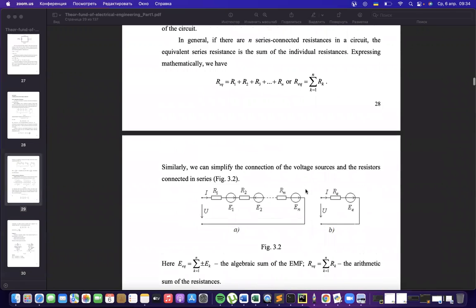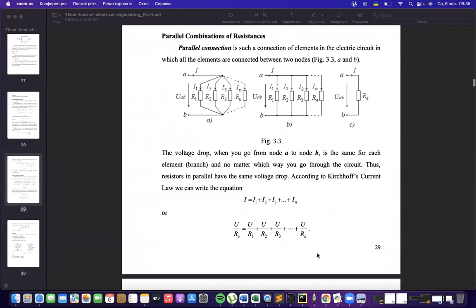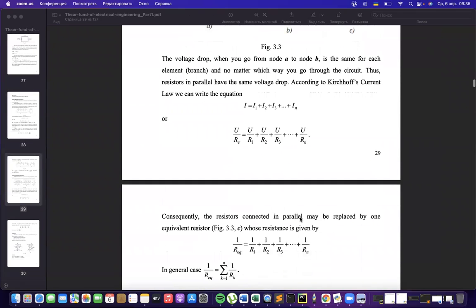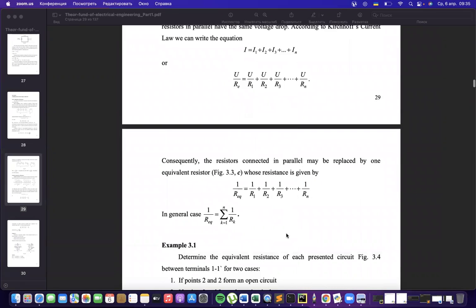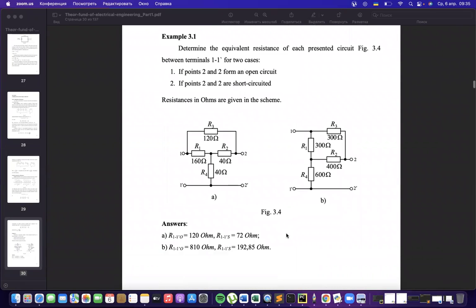Then for serial connection, we are adding resistivities as shown here. And for parallel connection, we are adding conductivities, the opposite value. Also, we discussed a couple of examples of equivalent transformation, how to find the appropriate values of resistivities between some points.